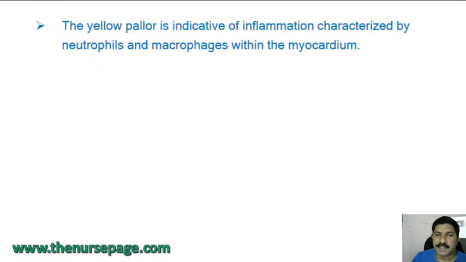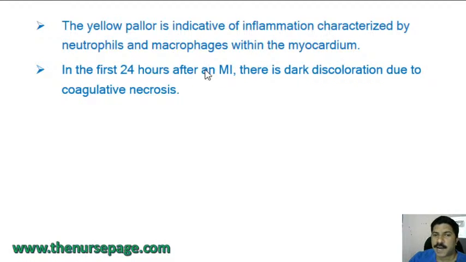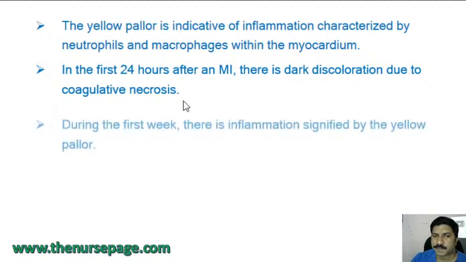The yellow pallor is indicative of inflammation characterized by neutrophils and macrophages within the myocardium. In the first 24 hours after MI, there is dark discoloration due to coagulative necrosis.